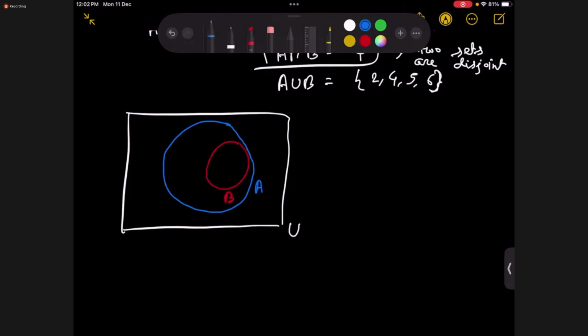So A contains all the blue elements like this, and B contains the red elements. So here the containment relation is there, that is B is a subset of A. Okay.